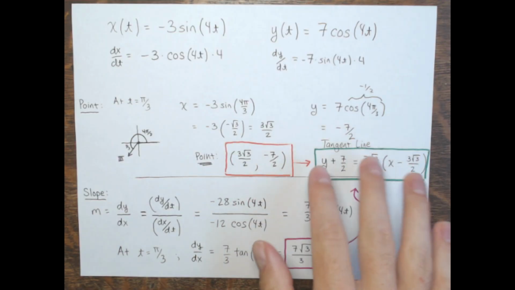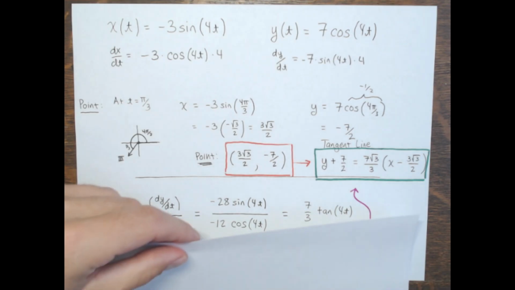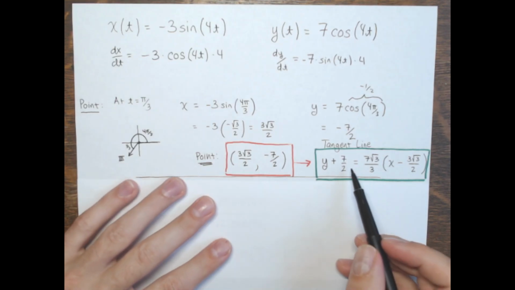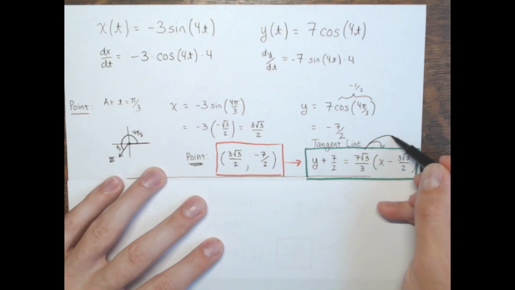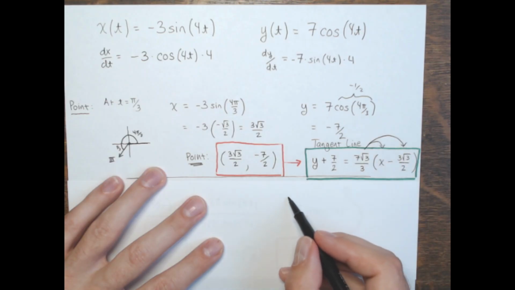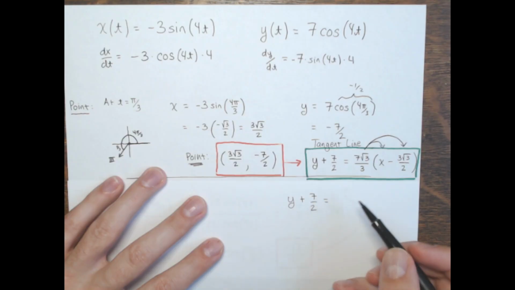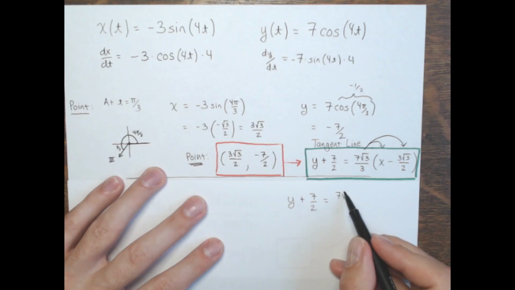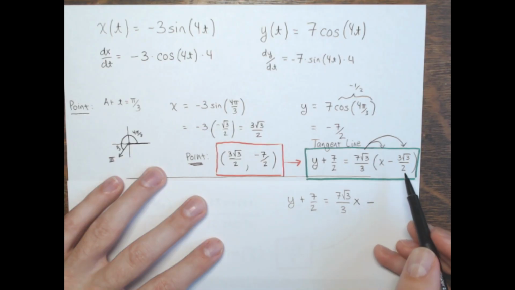All right, so I guess I could have gone to some more paper because I do need a little more space here. So, some new paper up here. Taking this, we're going to distribute this 7 root 3 over 3, right? Distribute the slope. We have y plus 7/2 equals 7 times the square root of 3 over 3 times x, and then minus.